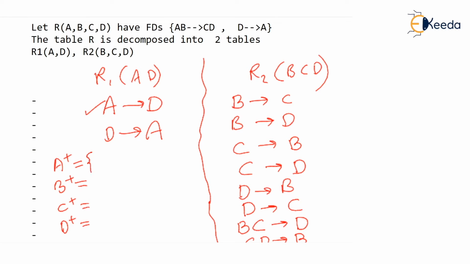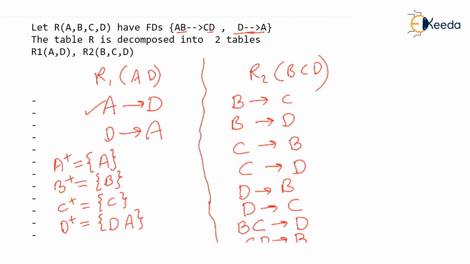Now A closure is going to contain A, and that's it, because you see, AB determines CD, but only A doesn't determine anything. And here we can't bring in anything because A is not on the left hand side. B closure is going to contain only B again. Check it on your own. C closure is going to contain only C, whereas D closure will contain D and A.